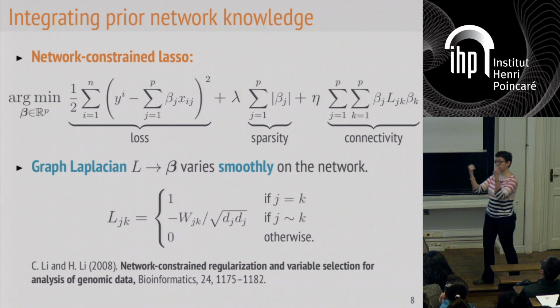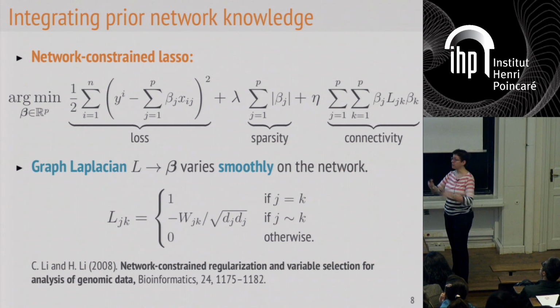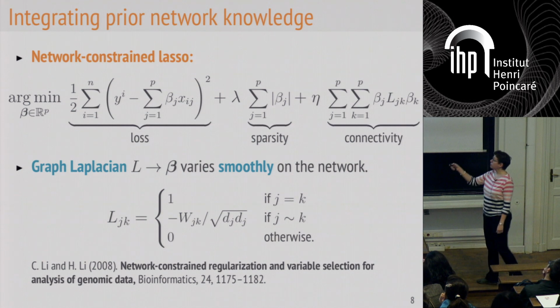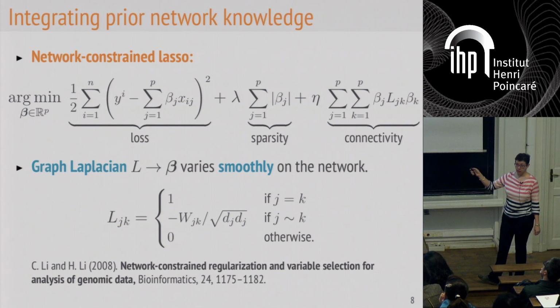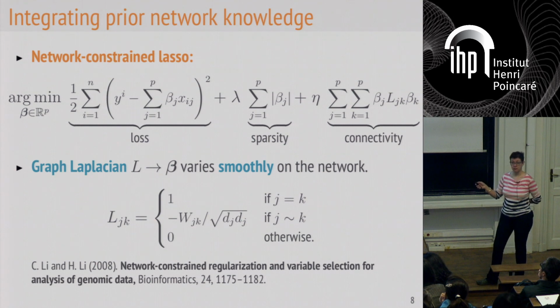If you have two nodes that are connected, they're going to have weights that are close to each other. Of course, here I've been using a linear model, which is an important point that I will come back to later. All right, so that's one way to do it. And remember, we are working with hundreds of thousands, if not millions of features, so P here is very large.